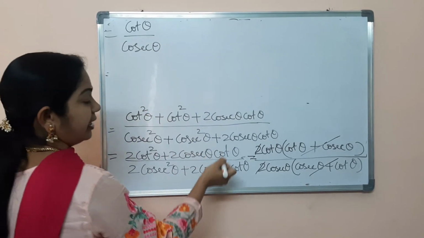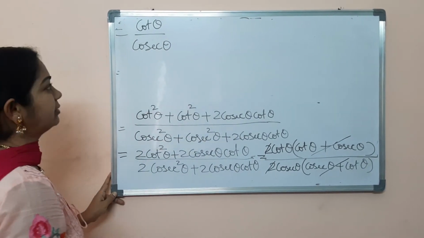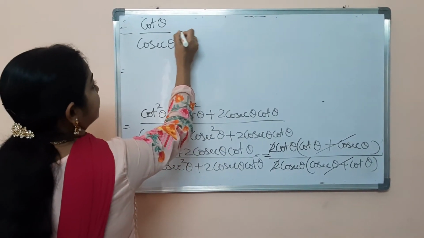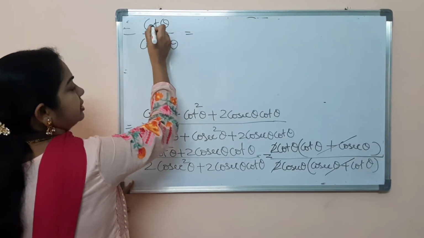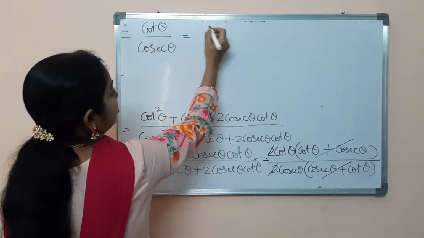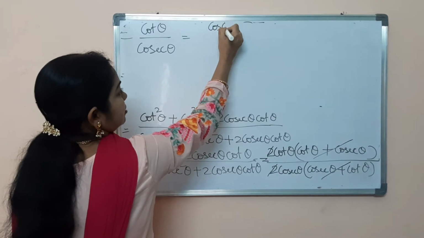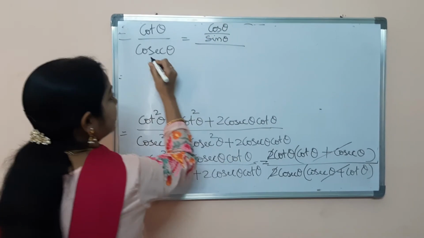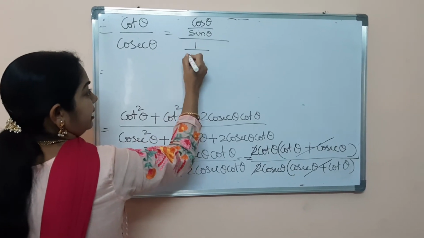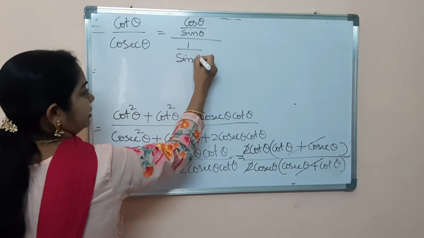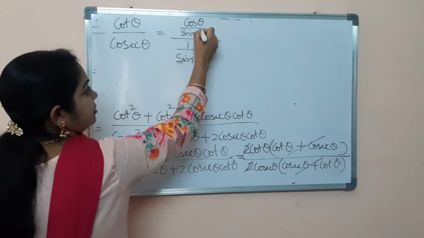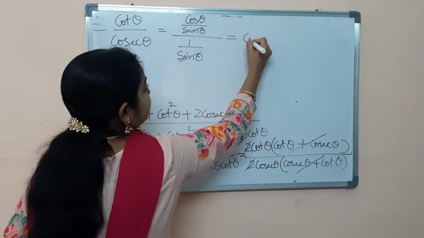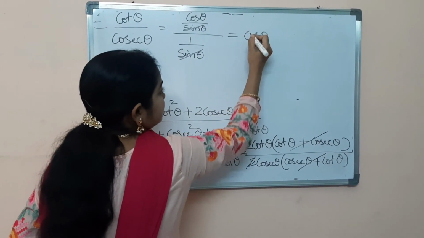But we have in our LHS only cos theta. So we'll change this into cosine functions. Cot is cos theta by sin theta, divided by cosecant, which is the reciprocal of sine, so 1 by sin theta. We can cancel the denominators. We find simply cos theta by 1, that is equal to cos theta.